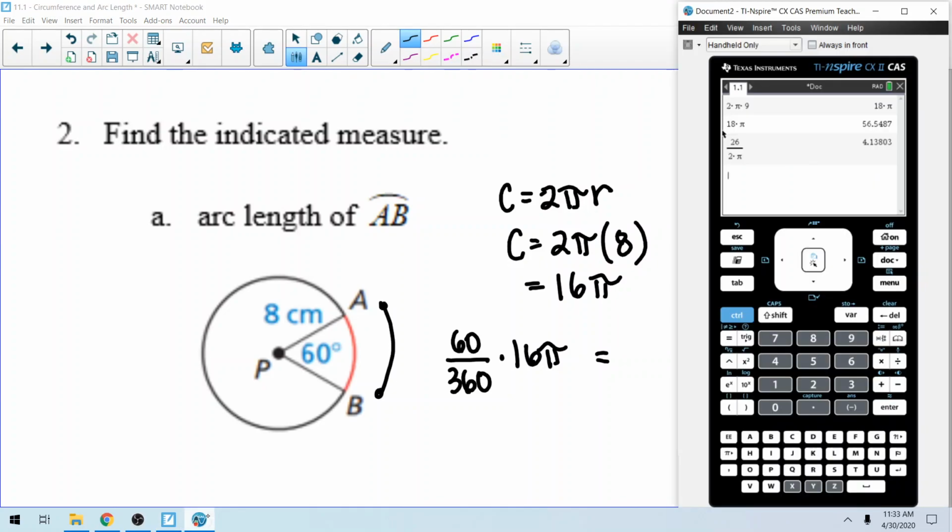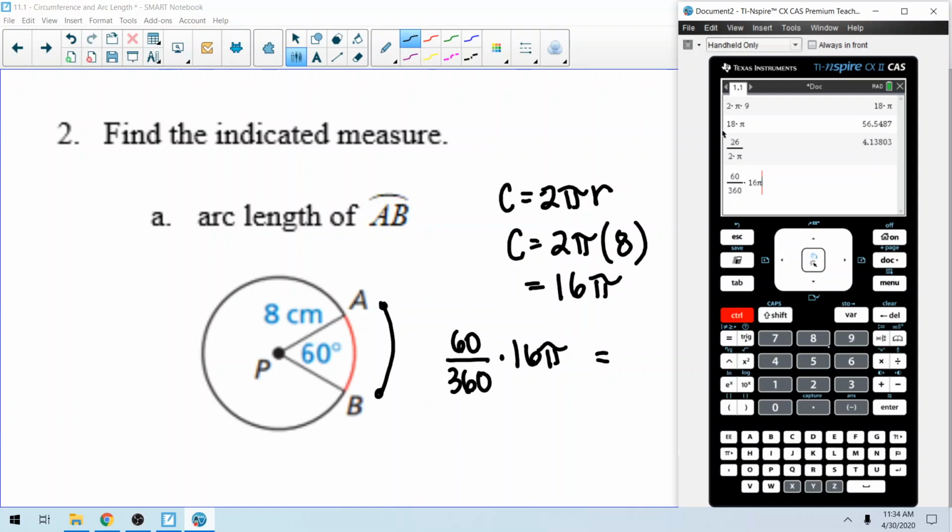So in my calculator, what that's going to look like is I'm going to have Control Divide. I'm going to type 60 divided by 360. Go off to the side. You can hit times, you don't have to. And then 16 pi.